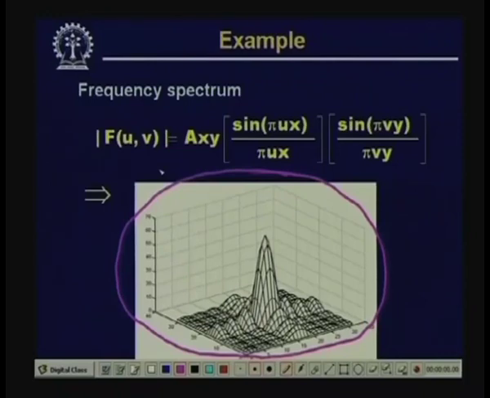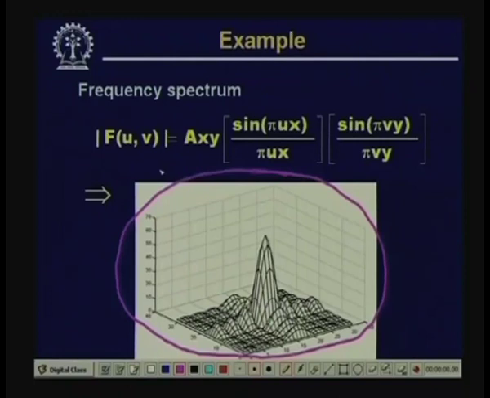So, for a rectangular two dimensional function, you find that the Fourier spectrum will be something like this. If I say that this is the x axis and this is the y axis, and assuming the center to be at the origin, you will find that along the x axis at points 1 upon capital X, similarly 2 upon capital X, the value of this Fourier spectrum will be equal to 0.